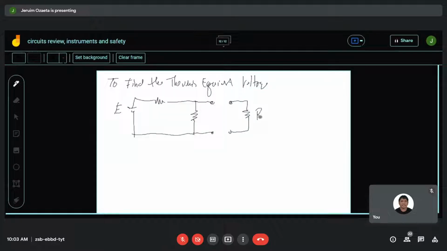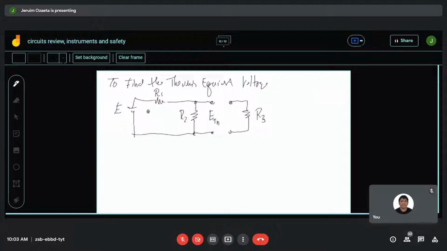This is R sub 3, R sub 1, R sub 2, E. What exists down here will be the Thevenin's equivalent voltage. What is that Thevenin's equivalent voltage here?